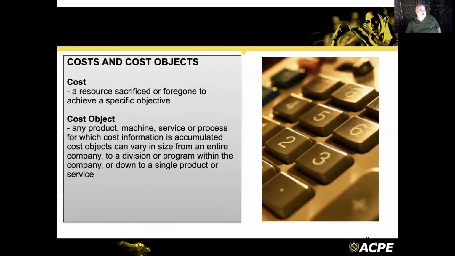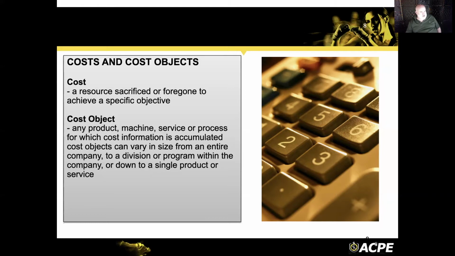So like I said, a cost is a resource sacrificed or foregone to achieve a specific objective. And a cost object is any product, machine, service, or process for which cost information is accumulated. So cost objects can vary from an entire company to a division or even a single product or service, okay?